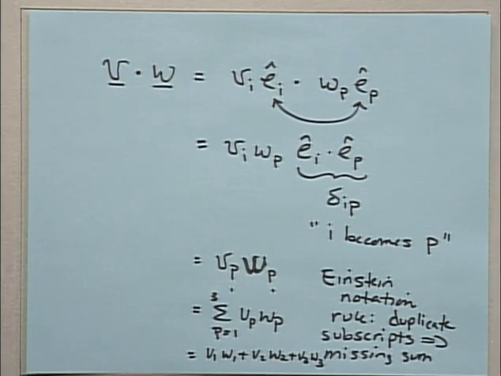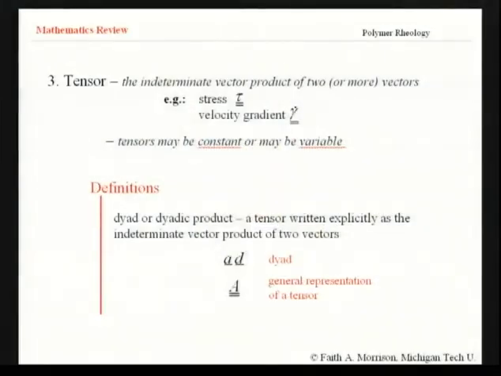Now, let's talk about the next level of complication, which is the tensor. Okay. So I gave a little bit of intro about the tensor last time, and now I'll give it to you a little bit more formally. The tensor, the definition from a mathematical perspective, is that it's the indeterminate vector product of two or more vectors.